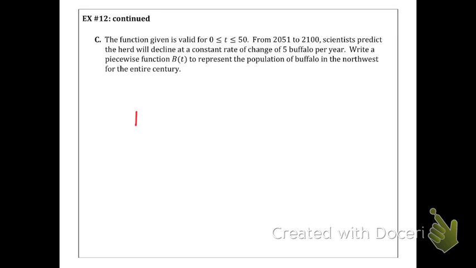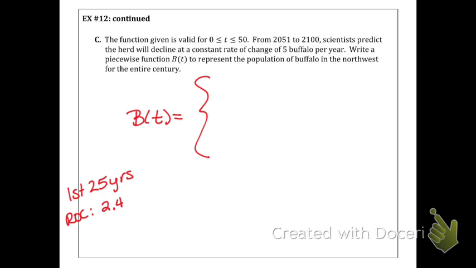All right, so B of t equals, well, for the first 25 years, let's talk about that. So what do we know? That their rate of change is 2.4. Well, this is for the first 50 years, though, so I guess I can't really do that one because it's good through 50.